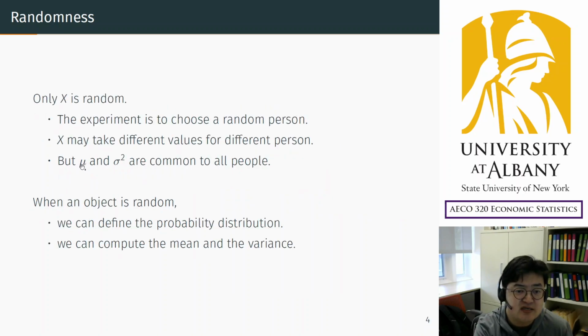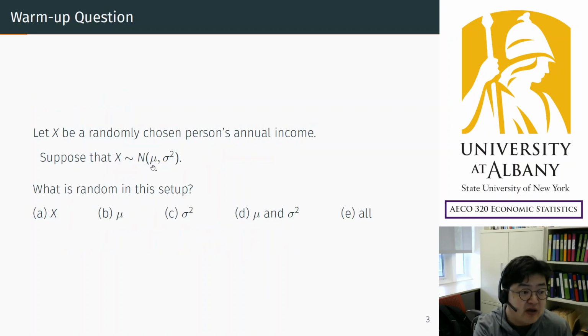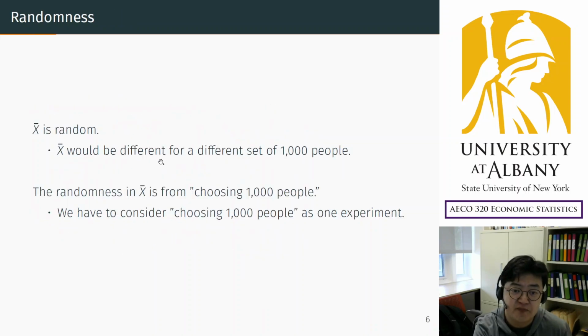To be more exact, we should say this mean is the population mean. This mean includes everyone, literally everyone you can imagine. However, this mean includes only those you observe. If you choose 1,000 people, you only include 1,000 people in the calculation of this X bar.